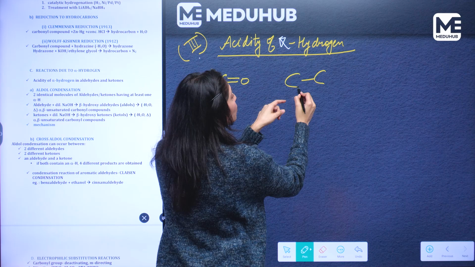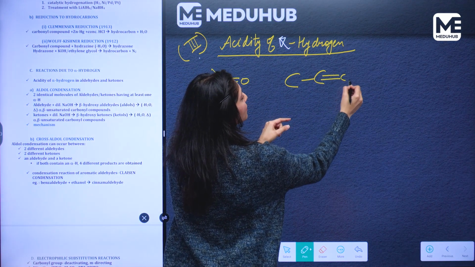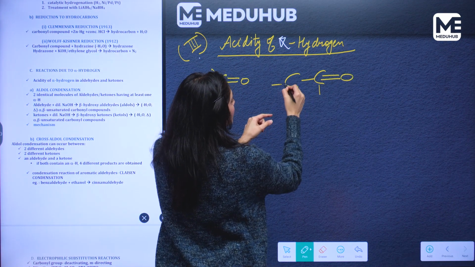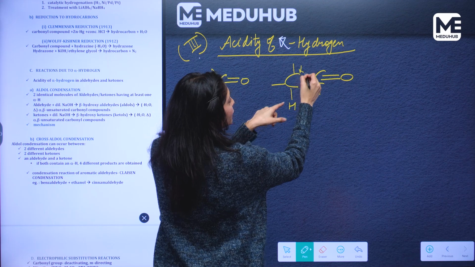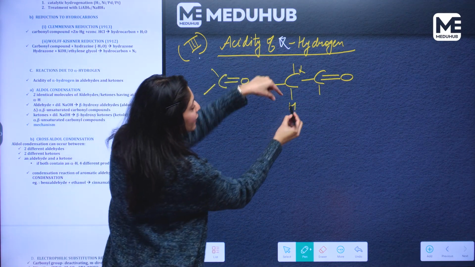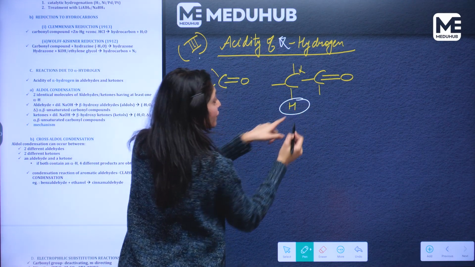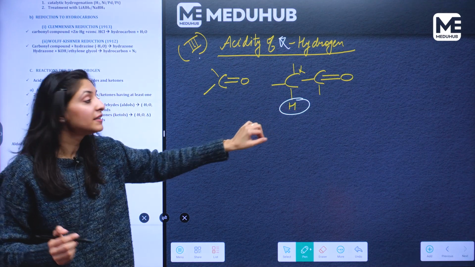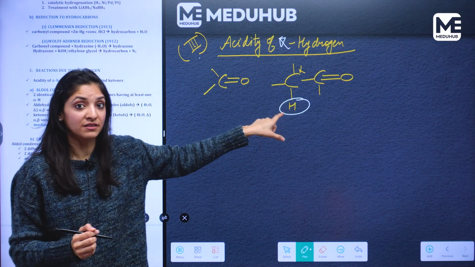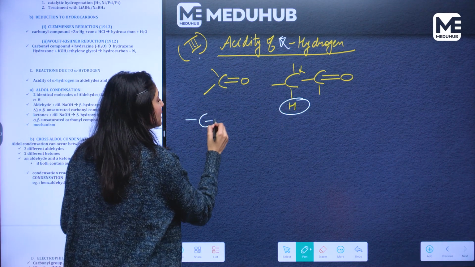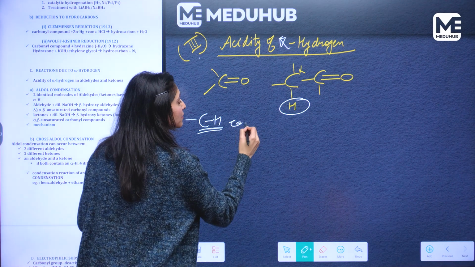The carbon to which it is directly attached is the alpha carbon. This hydrogen here is the alpha hydrogen. Now, what is it that makes this alpha hydrogen acidic? What is it that makes this CH bond so easy to break?